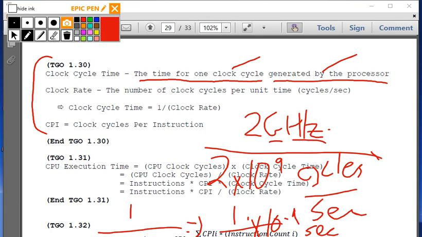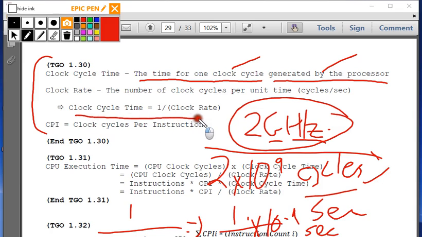Therefore we have met our definition. Clock rate is the number of clock cycles per unit time, cycles per second, which is what we calculated here. Clock cycle time equals 1 over clock rate. And the CPI is clock cycles per instruction.